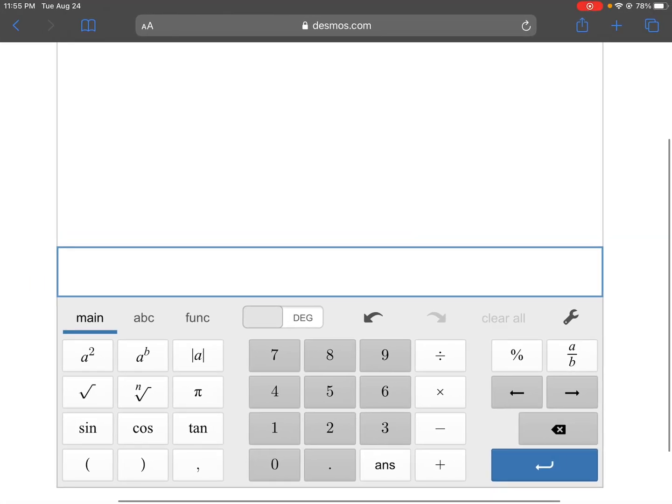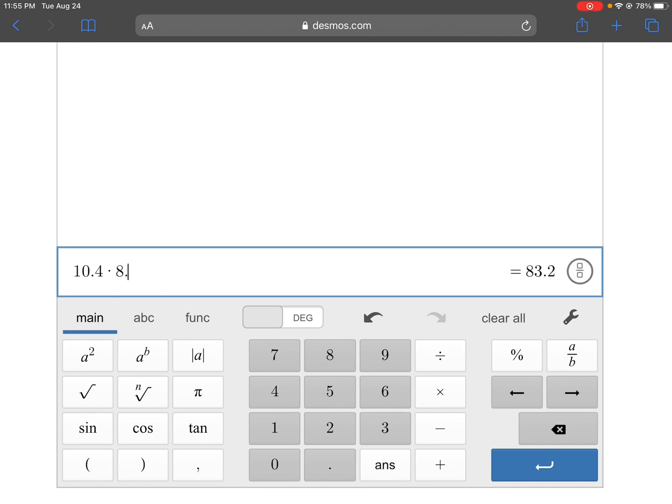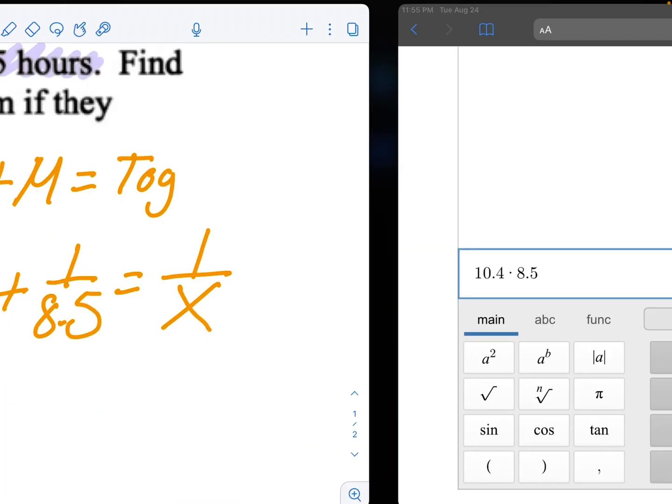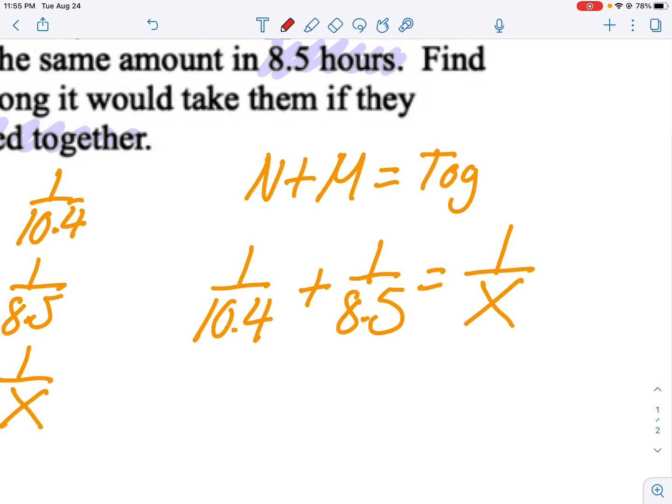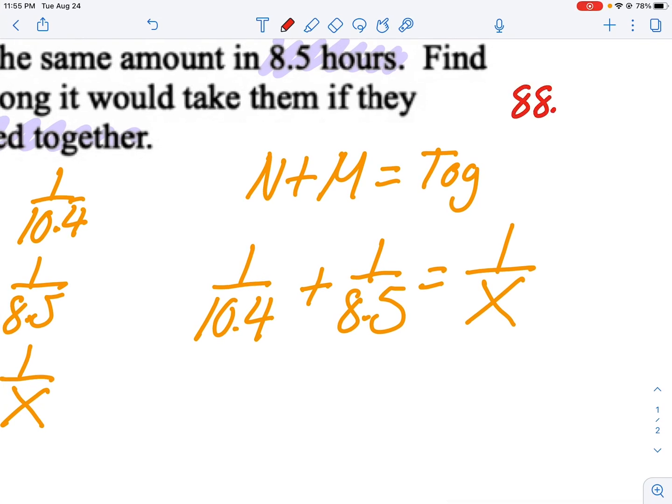10.4 times 8.5 is 88.4. So we get 88.4x. Remember, we're also multiplying x.